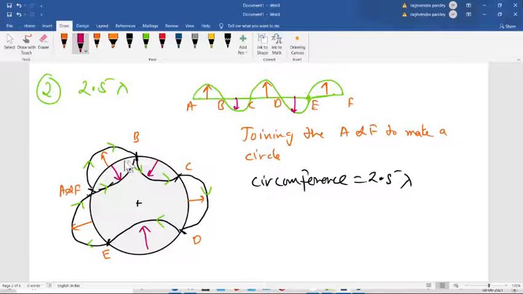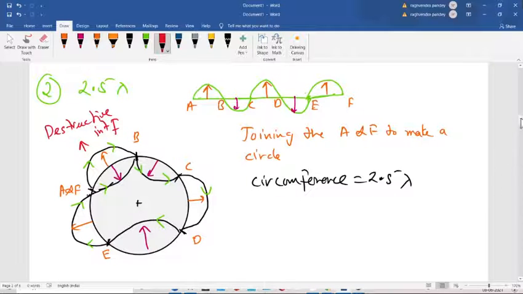This is destructive interference, so there is no wave like this.